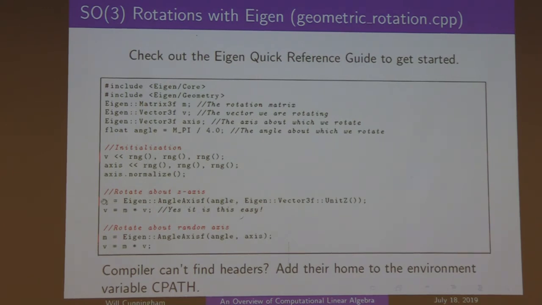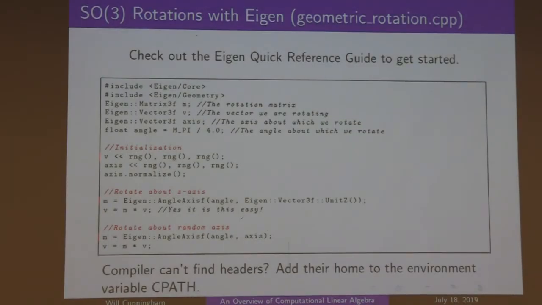This gives you a matrix out, and you do your matrix-vector multiplication, and there's the result right there. So in terms of programming, it's much more high level than using LAPACK or BLAS. You don't have to worry about all of those workspace variables. Under the hood, it's still doing all of that stuff, but you don't have to worry about it as the programmer. And then I show here how to do it about some random axis, if you choose to do it that way.